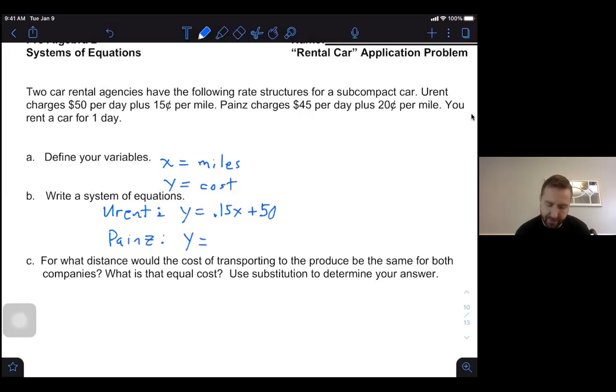And then Paynes is very similar. Chase, what's our equation going to be for Paynes? Bill?